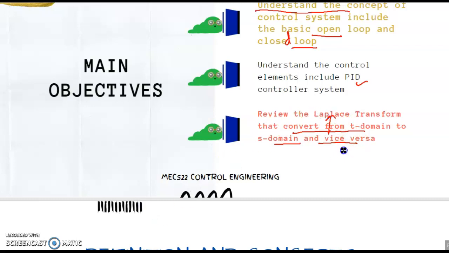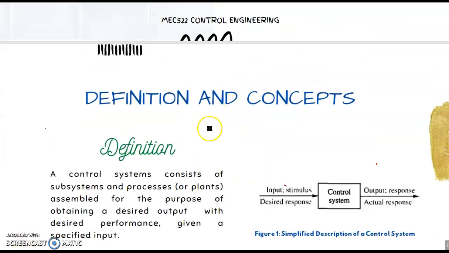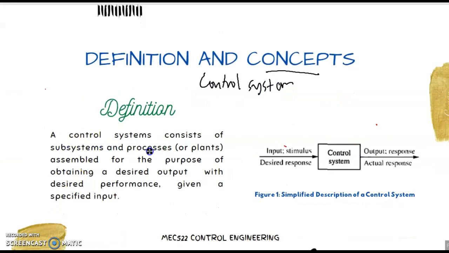So now we go to the first one. We want to know what a control system is, the definition of control system, and its concept. Let us look at the definition. A control system consists of subsystems and processes for the purpose of obtaining a desired output with desired performance given a specific input.